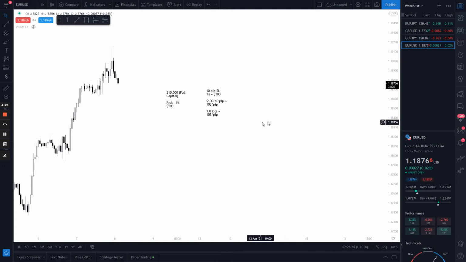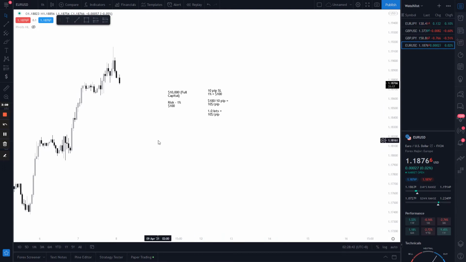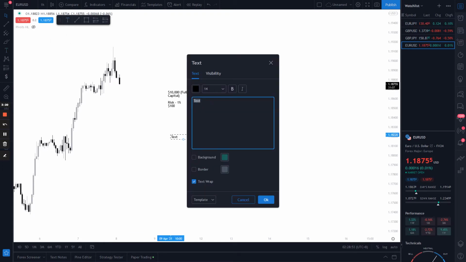So let's say you get a pretty odd stop loss value. Let's say you get a stop loss value of 25. So 25 is the pips for your stop loss, and similarly you're only risking $100, which is equal to 1% of $10,000.